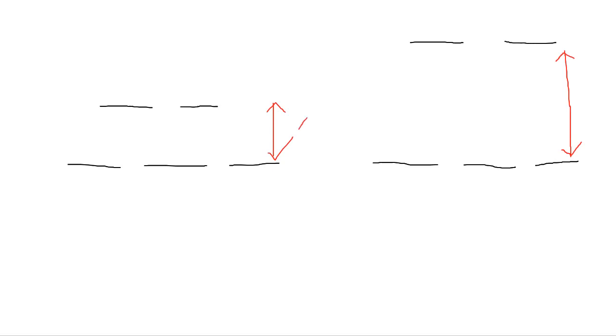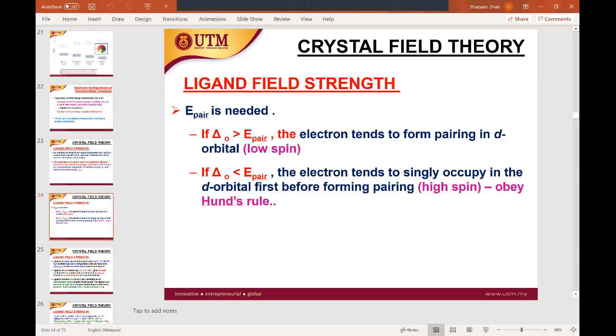This we call as splitting energy. When we fill in electron, we put the electron. So if the splitting energy is higher than energy pair, the electrons tend to form pairing in the orbital for low spin.